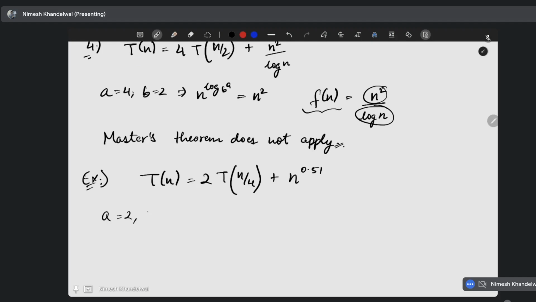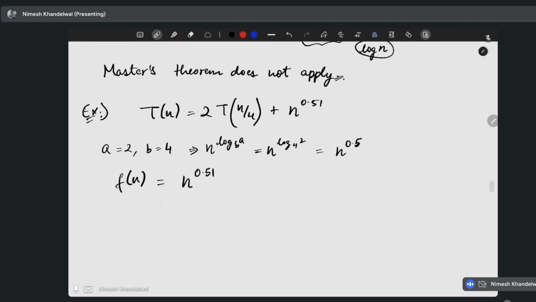Here a is 2, b is 4, so n to the power log a base b is n to the power log 2 base 4, which is n to the power 0.5. And f(n) here is n^0.51. So we can write this as n^0.5 times n^0.01.